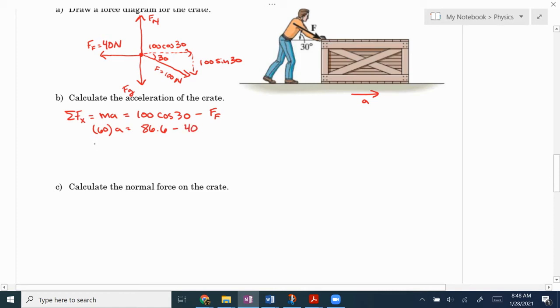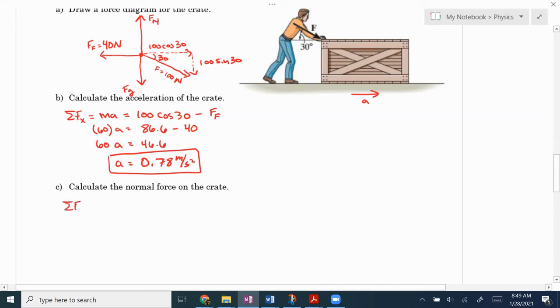It's going to give me 46.6. So divide by 60. It's going to give you 0.78. There we go. That's your acceleration.